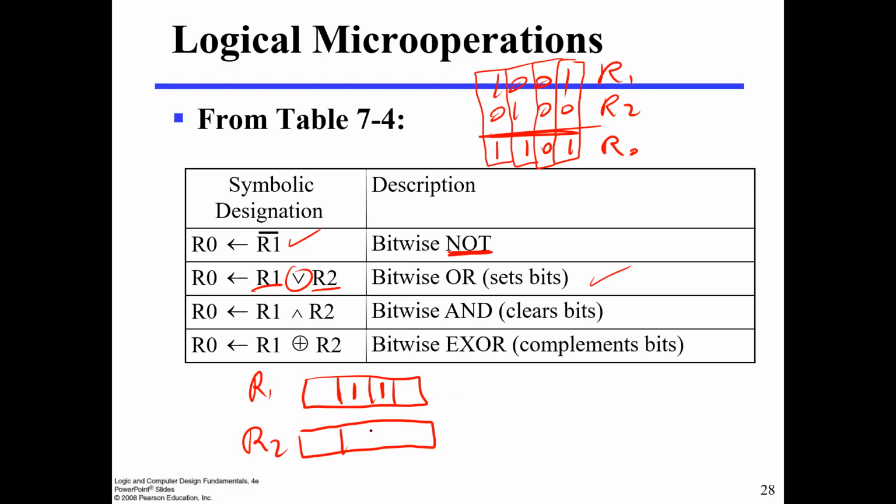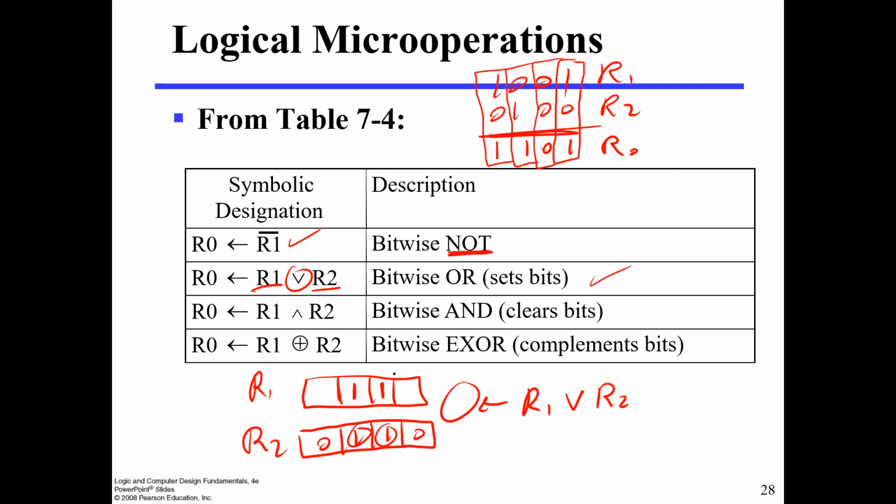What I do, I go to R2, I load the value of 0110, and then I'll use R1 OR R2, and then I store it anywhere. It doesn't matter. What will happen, the result will be a copy of R1, but with these two bits as ones.